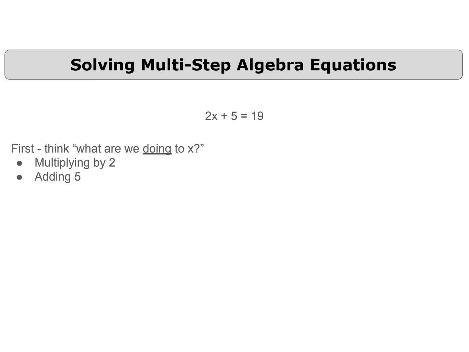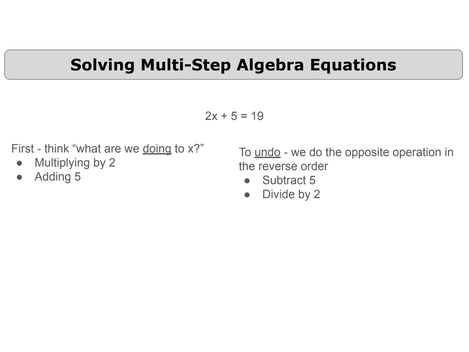We have to follow our order of operations. When we solve algebra equations, we undo the operations we did in reverse order. So remember that we multiplied by 2 and then added 5.